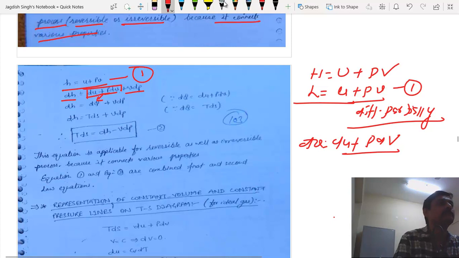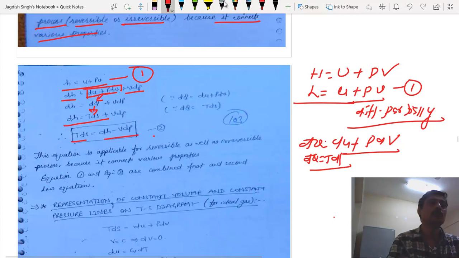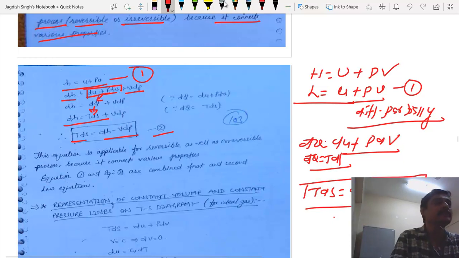And we know that this dq is equal to Tds. Therefore, dh is equal to Tds plus vdp. So finally, Tds is equal to dh minus vdp. This is a very important equation. So once again, Tds is equal to dh minus vdp.